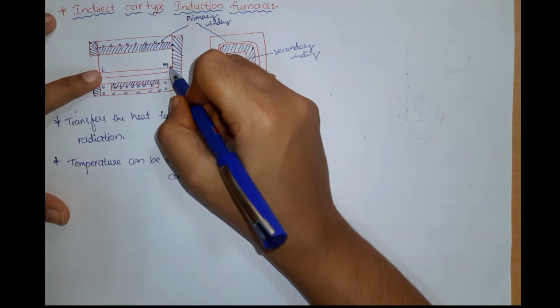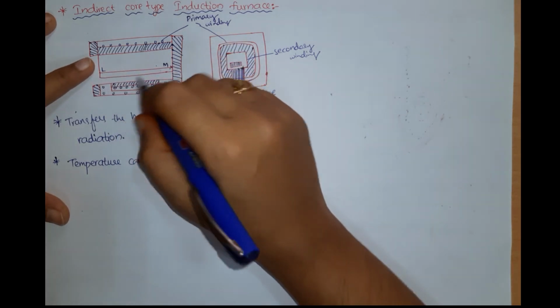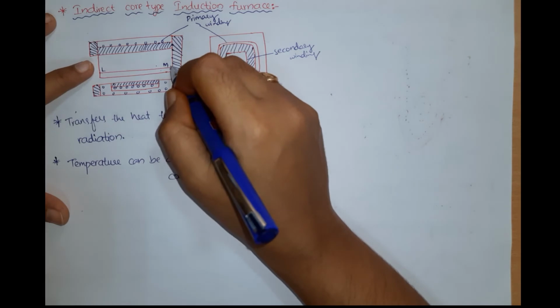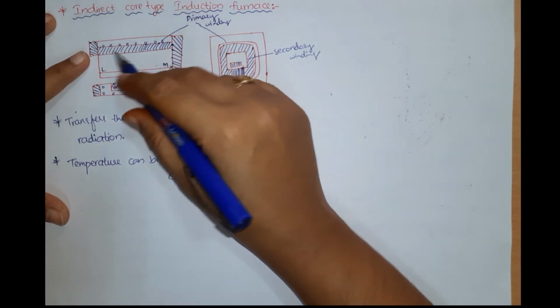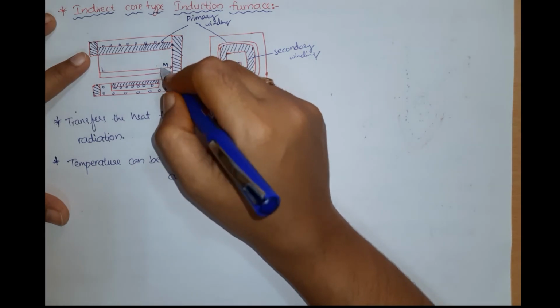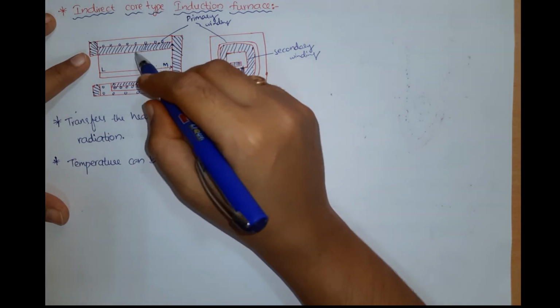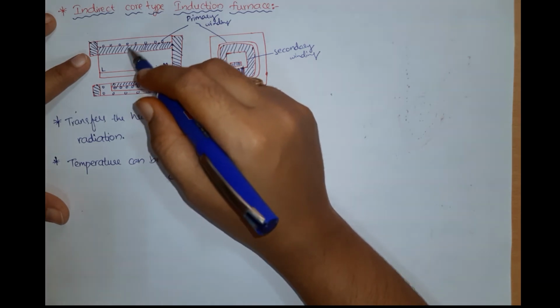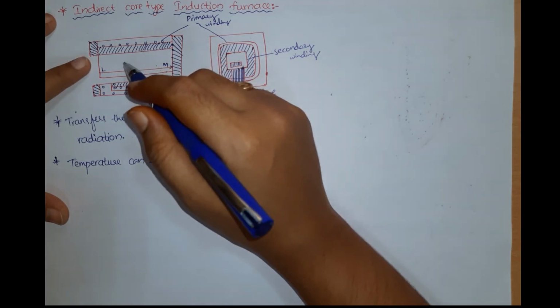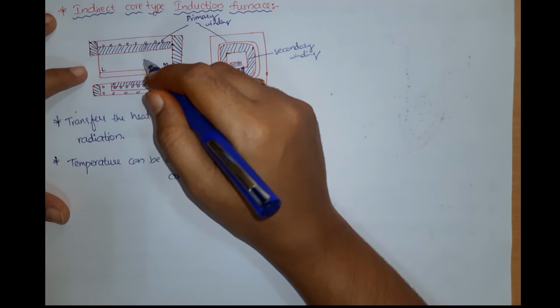So you can replace this LM, this metal chamber. For different kinds of charge you can use different kinds of metal bodies, which regain their magnetic properties at different critical temperatures, right?